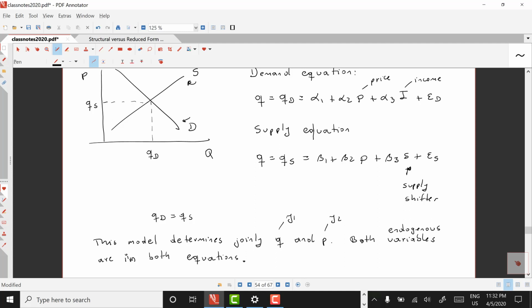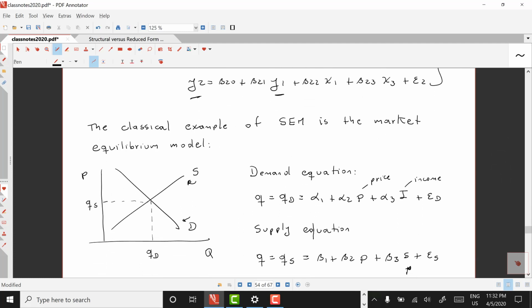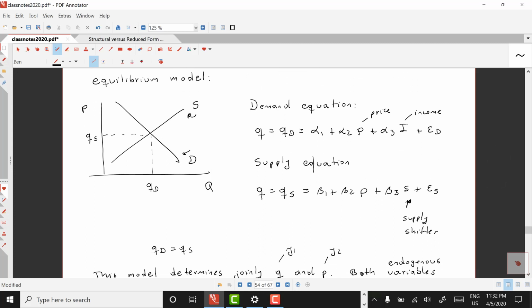So if we were to rewrite either the demand equation or the supply equation, with price as a function of quantity, we will have a model like the example that I showed you previously. However, notice that there is an error here. Sorry, I have to apologize. So this is the equilibrium. That was an error. So this is Q, the equilibrium quantity, and this is the equilibrium price.